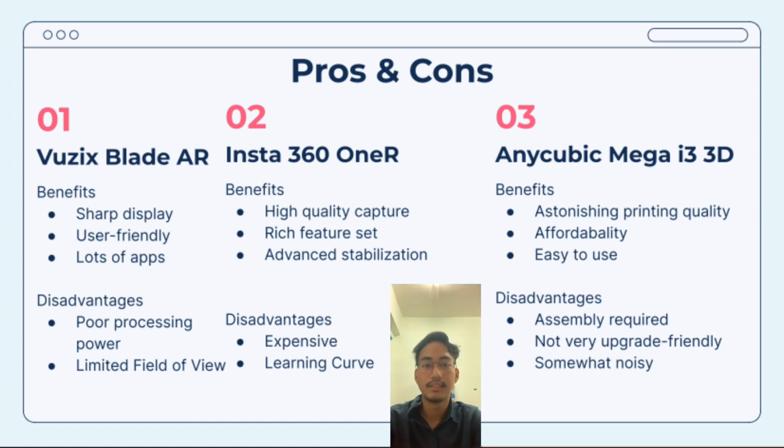And the second is Insta360 ONE-R. The benefit is the high quality capture. The camera produces wonderful pictures with options for up to 5.7K resolution video recording at 80 megapixel picture size. This level of detail permits lovely visuals. And the disadvantage of this device is it's expensive.